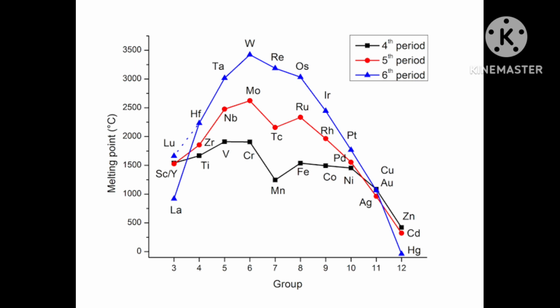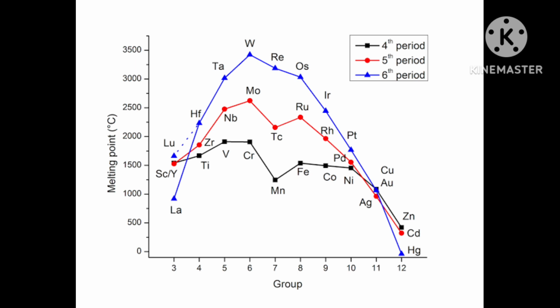Okay, now I want to discuss ionization enthalpies. Just like ionization energy, ionization energy is called ionization enthalpy. What I have discussed in other elements, in transition elements also the same thing will happen: how easily you can remove the electron from the metal and how difficult it is to remove the electron.